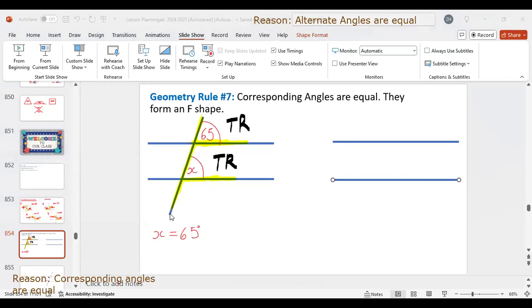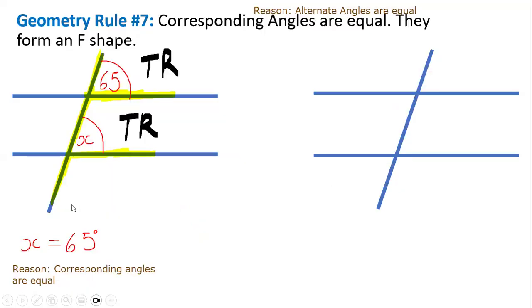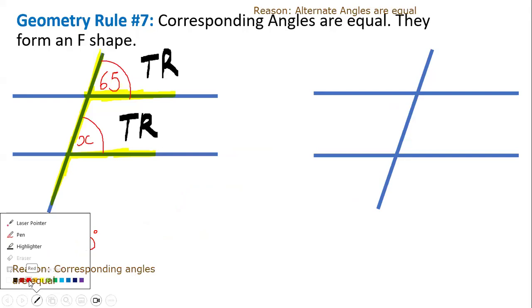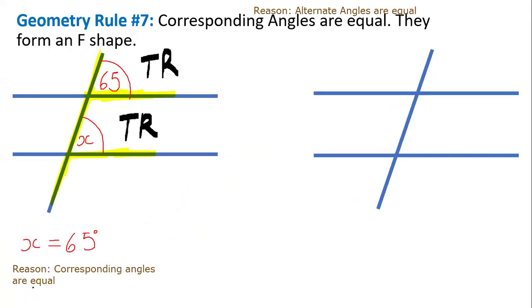Okay, all right, let's move on to the next one. Let me use a red. Let's say that this is B, and let's say that this is 71 degrees.